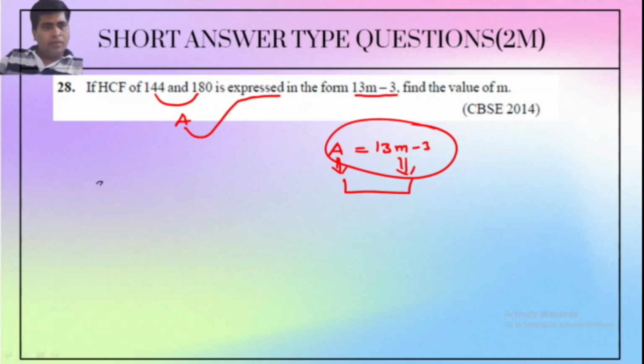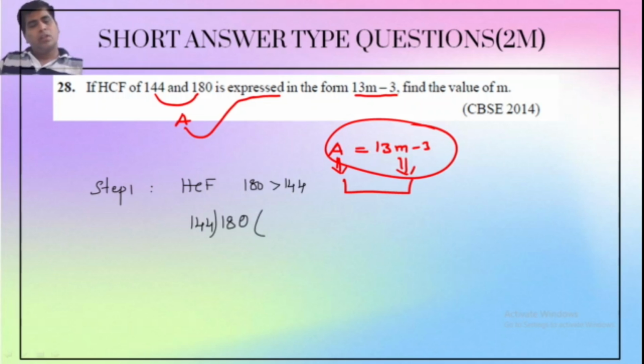Step 1: HCF. Here 180 is more than 144. So I have to divide 180 by 144. How many times does it go? It goes 1 time.